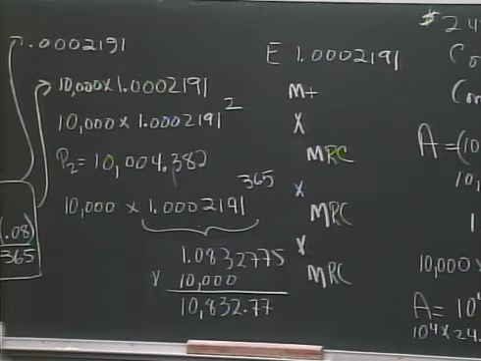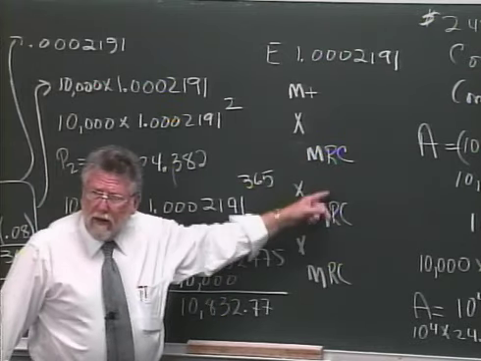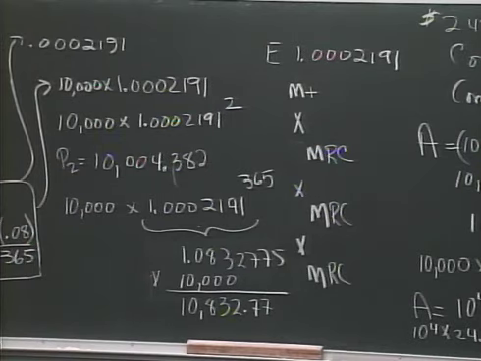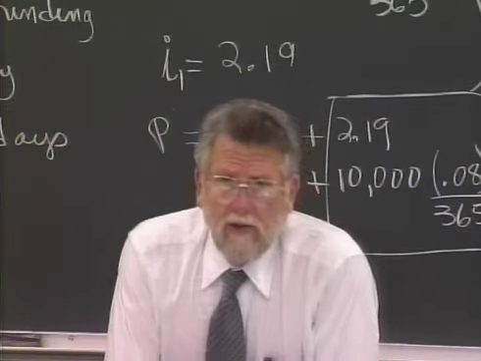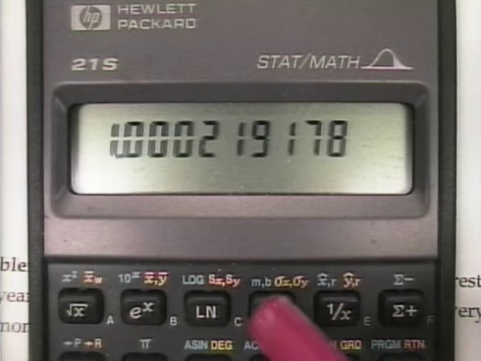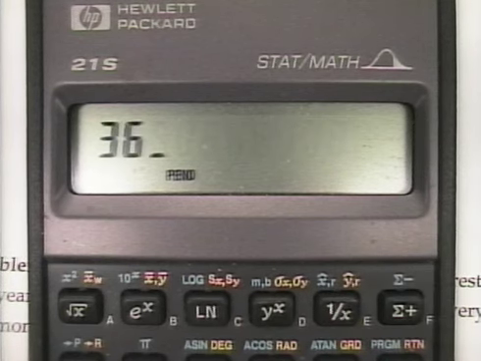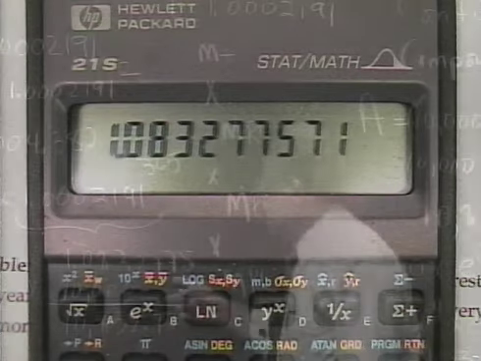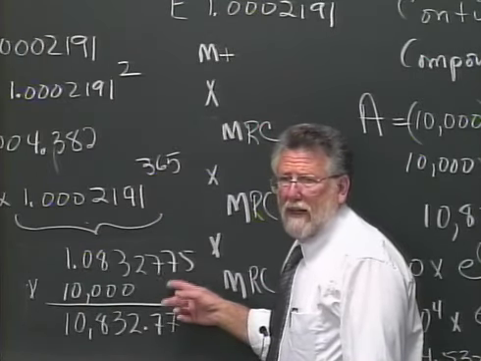And instead of multiplying 364 times, I'm just going to take that number on the calculator back now to 365 times. So I'm going to hit y to the x. 365 equals 1.0832775, and we're going to see that number here on the board. And I multiply that by 10,000.